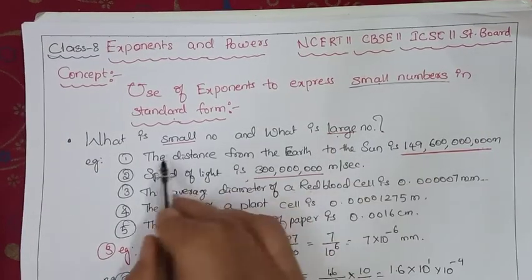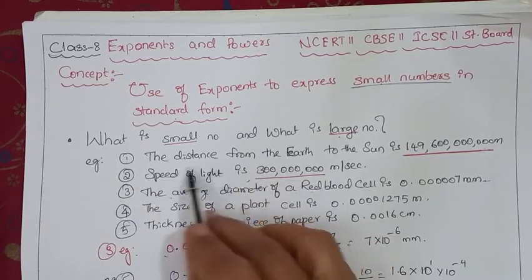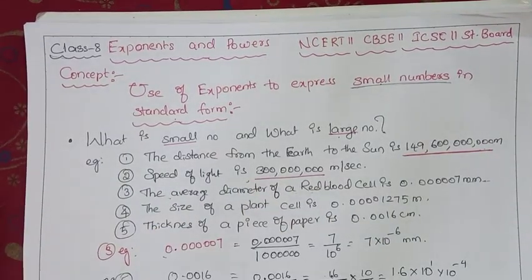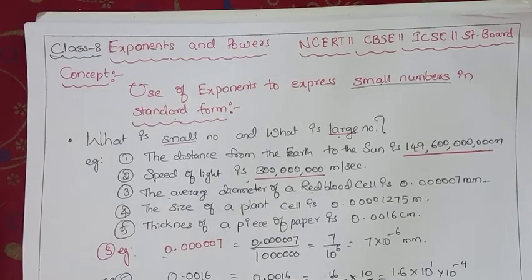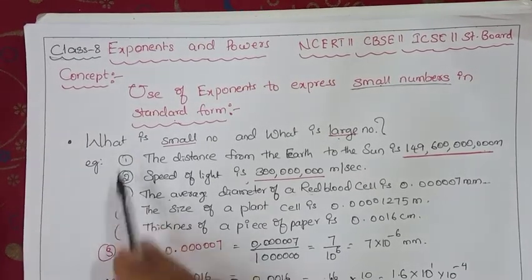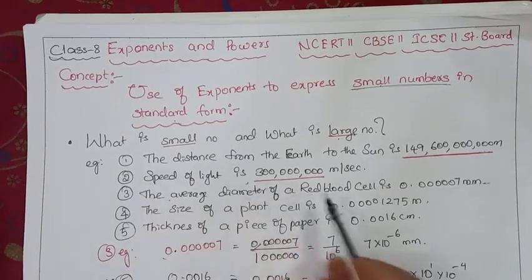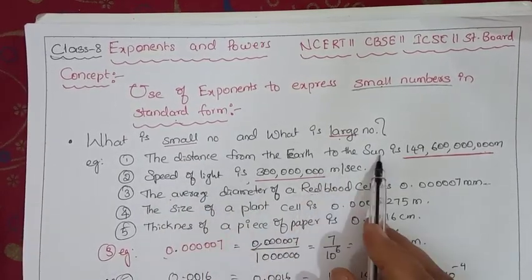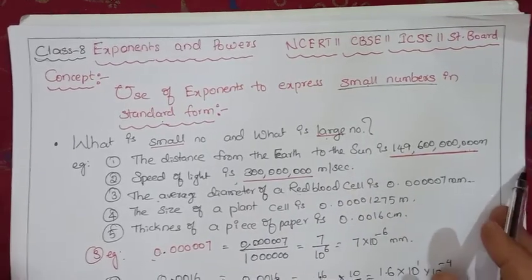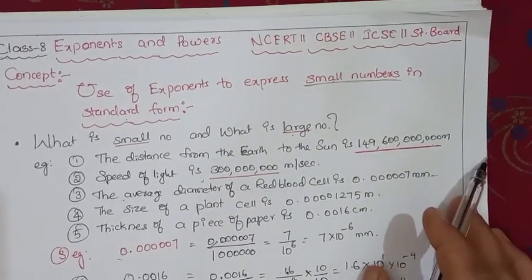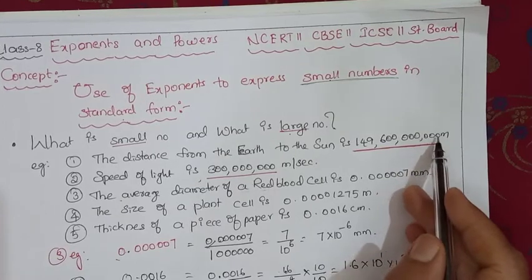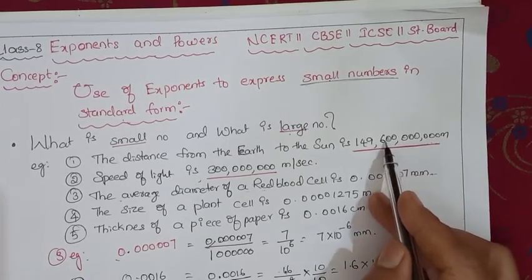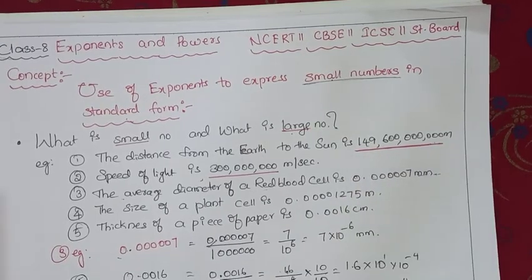Suppose an example: few examples are there in the NCERT textbook also. Among them I just picked only 5 to explain small numbers and large numbers. The distance from the earth to the sun is, see, how many digits are there? 1, 2, 3, 4, 5, 6, 7, 8, 9, 10, 11, 12 digits are there.